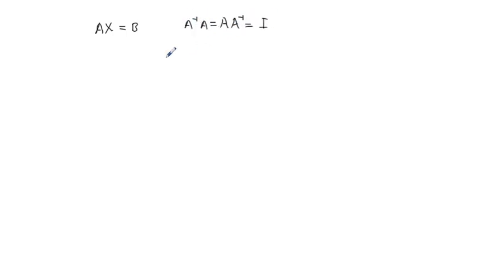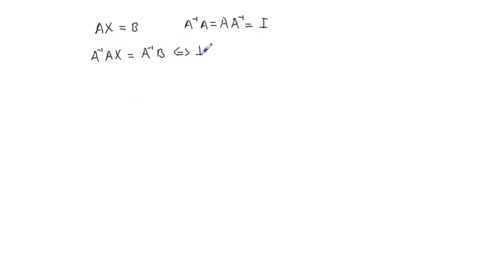If we have such a matrix, what would you do here? We'll simply multiply here and multiply there, and pre-multiply here. What would then happen? This would give us the identity here, and this would give the identity here.